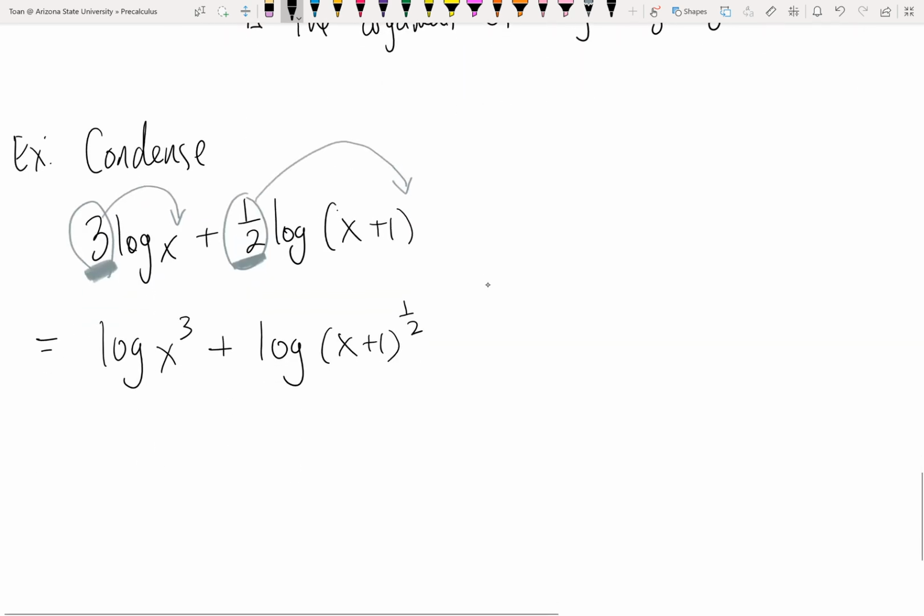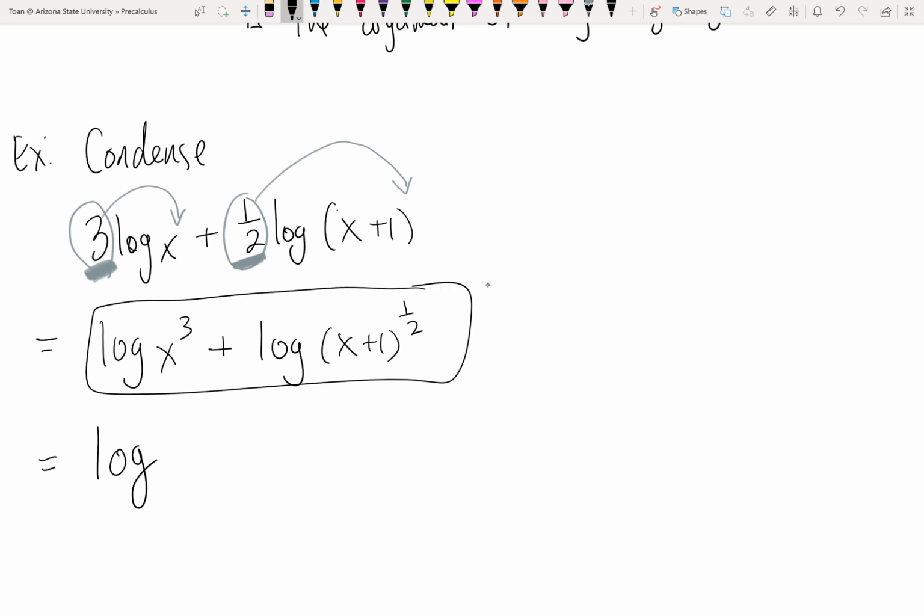The moment every single log does not have a number in front of it, I don't care how simple, I don't care how ugly it looks, the next line is always the same: one giant log. Now you have to look at the positives and negatives of your logs. Any log that is positive, you're going to put as argument in the numerator. Any log that is negative, you're going to put in the denominator. Now this problem was pretty boring. Everything was positive, so I won't have a fraction. So I will just put everything together.